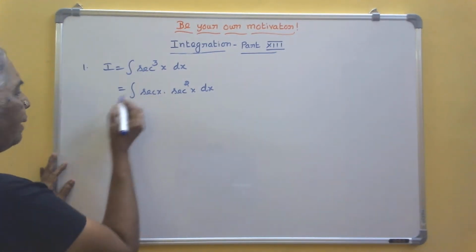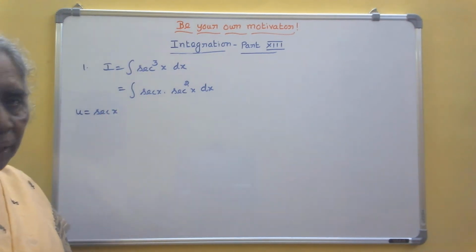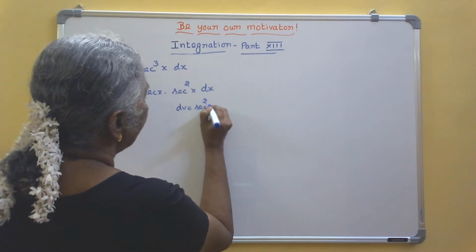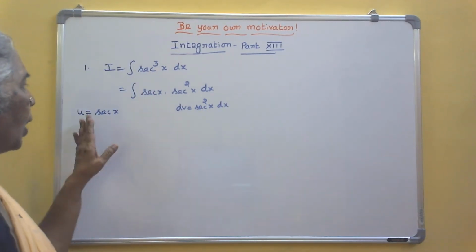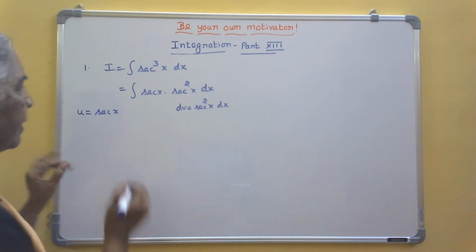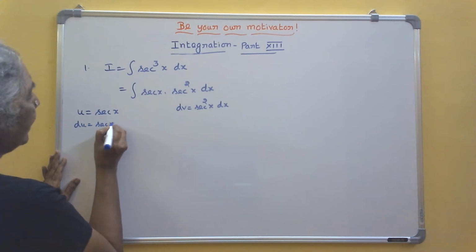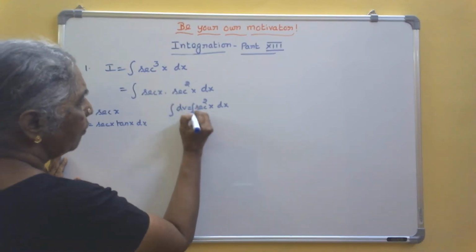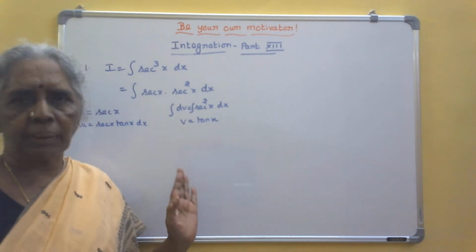So now I am going to take secant x as the u function. I will write dv equal to secant squared x dx, right? Now you have to differentiate this and integrate this. So du will be secant x tan x dx, and if you integrate you will get v equal to tan x. Very simple.